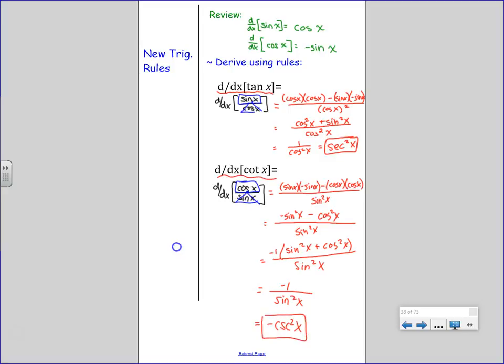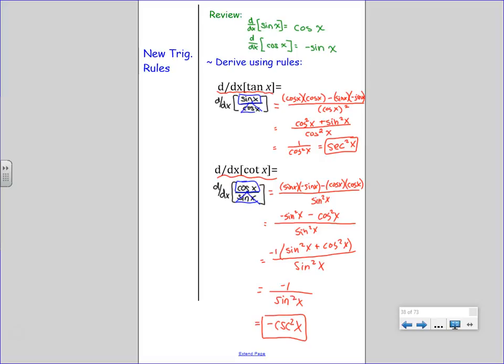Hey, I think there's a pattern with the derivatives of the trig functions. Tangent and cotangent, they both have a tangent in their name, right? Their derivatives are super similar.